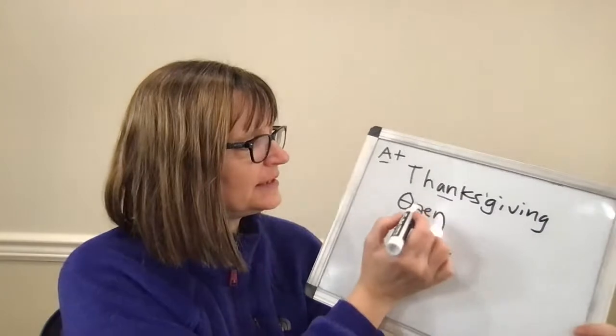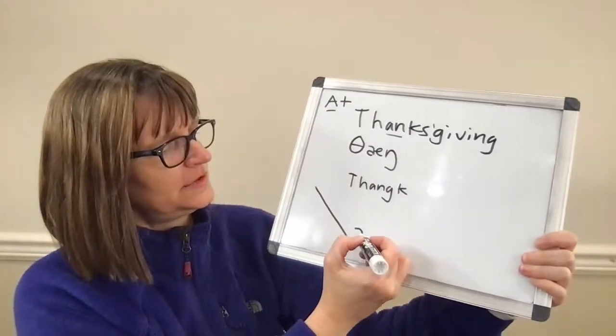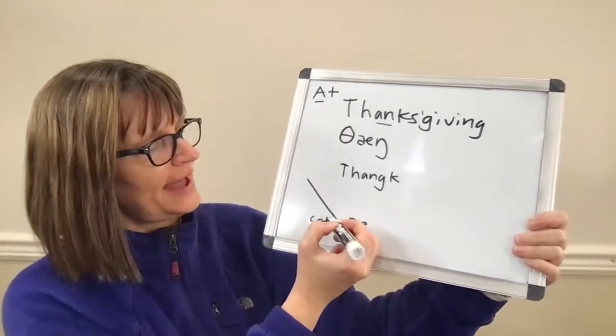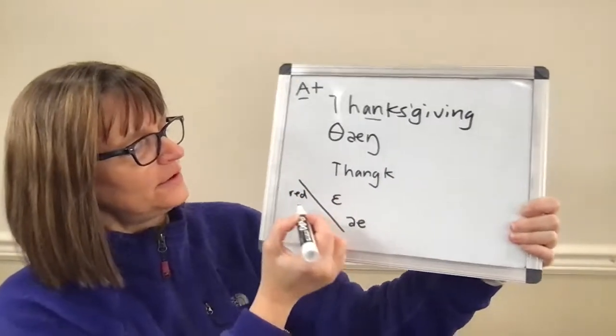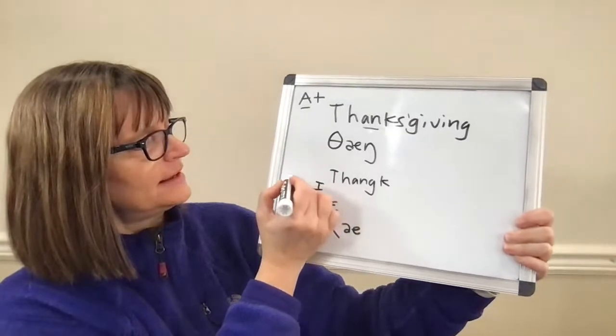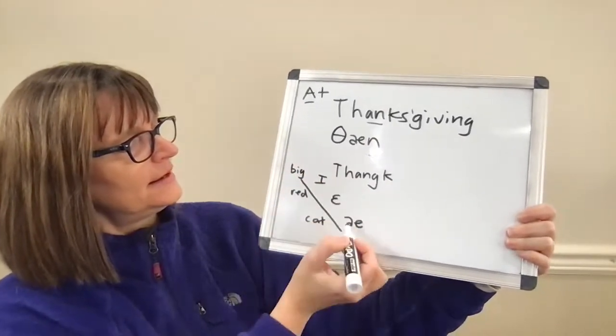And it ends up being, if we look at the vowels in front, we have the a like at or cat. We have the like red or celebrate, we were just talking about. And we have the like big.